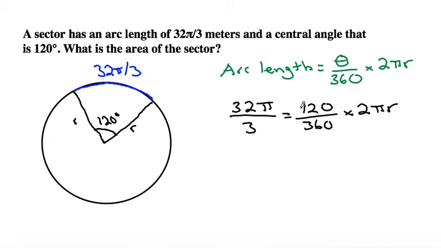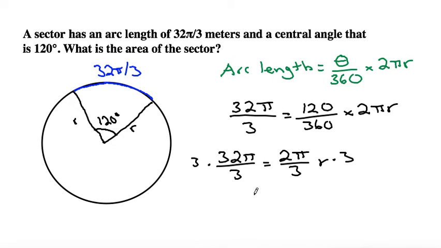If we simplify 120 divided by 360, that gives us 1/3. So 32 pi over 3 is equal to 2 pi over 3 r, because I'm moving the 2 pi onto the numerator with the 1/3. From here, let's first clear the fraction by multiplying both sides by 3.